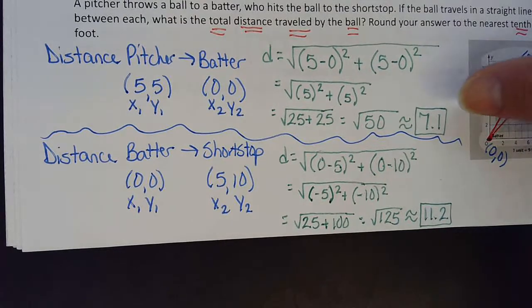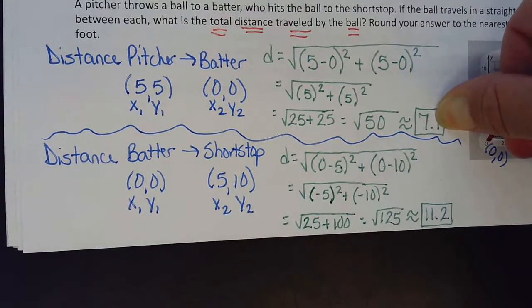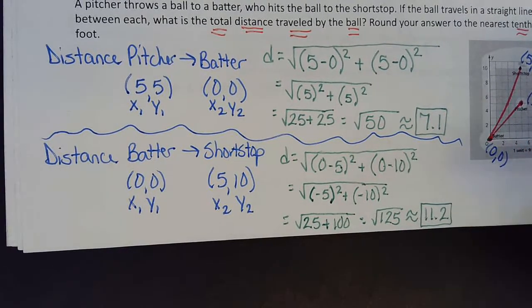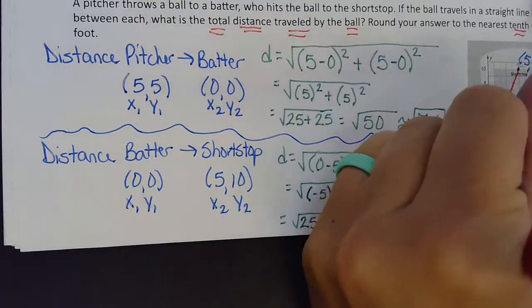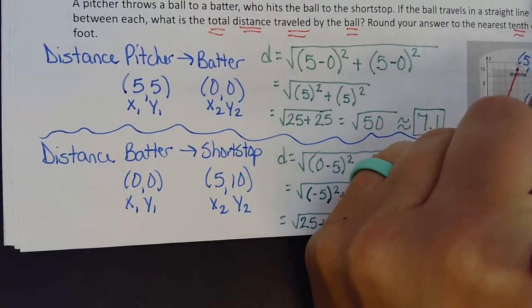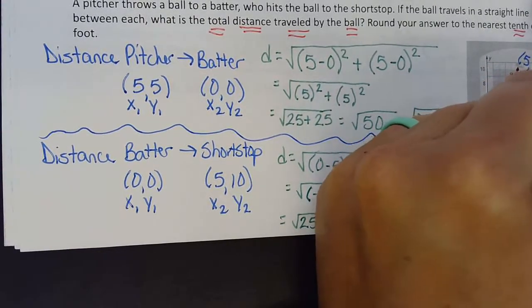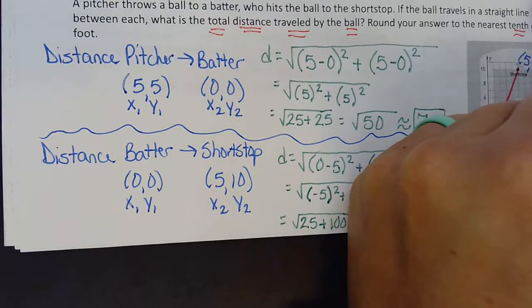So I found the distance from the pitcher to the batter. I found the distance from the batter to the shortstop. So the total, if I add them together, is 11.2 plus 7.1, so 18.3 units.